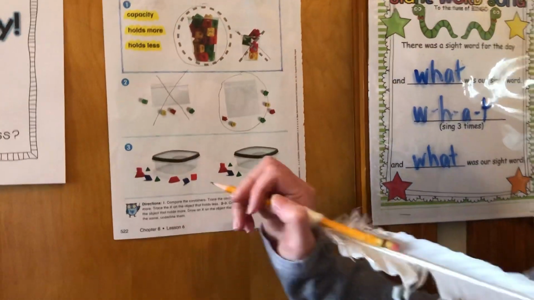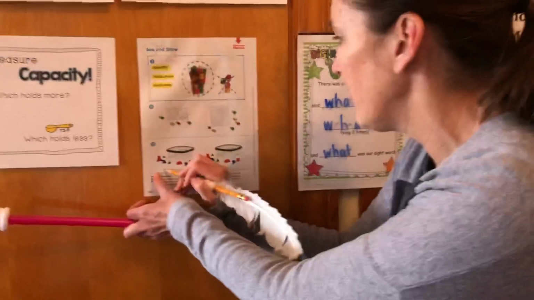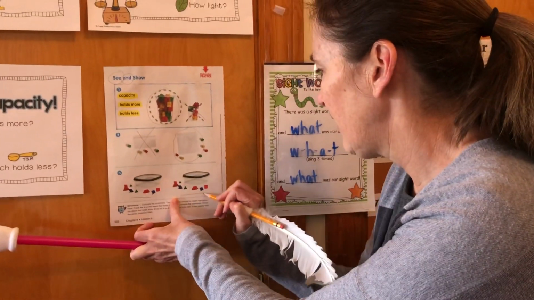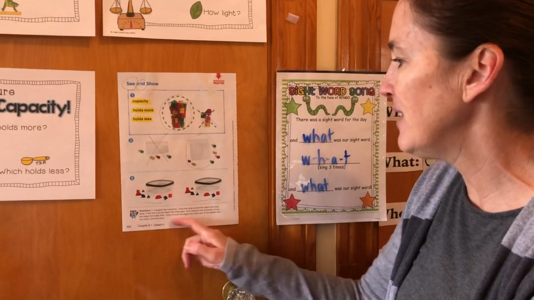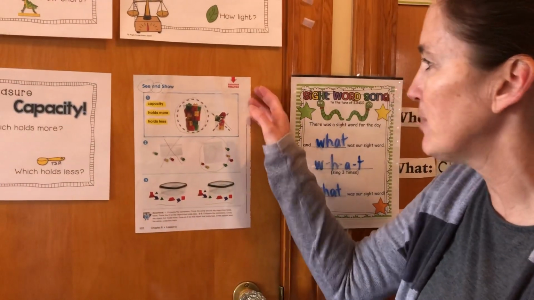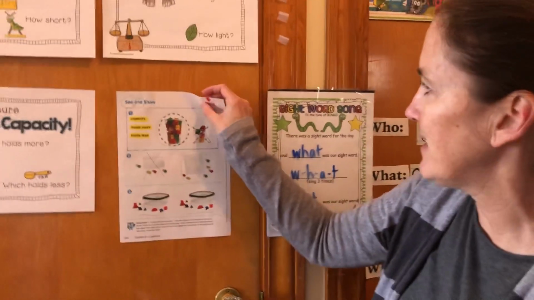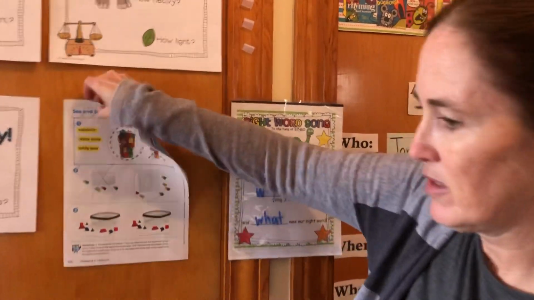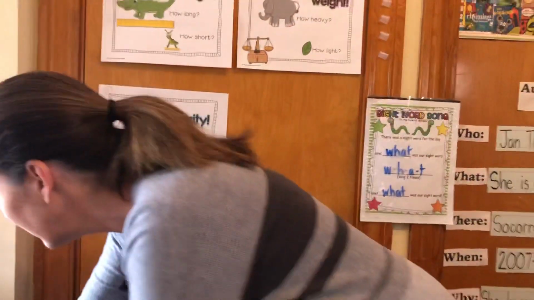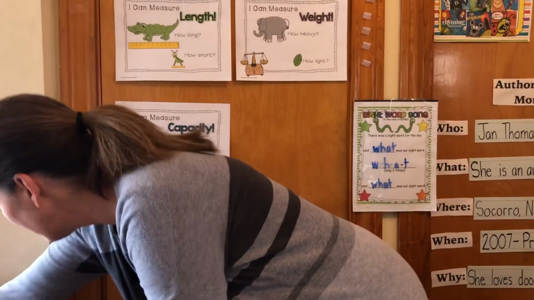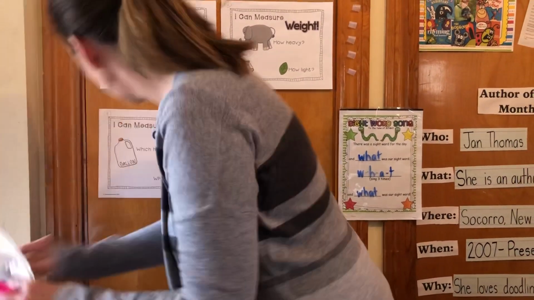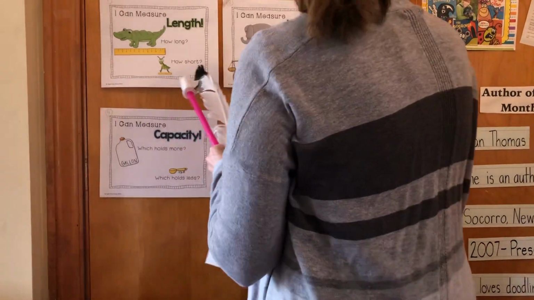Tell a grown-up. Yeah, they're the same, so I'm going to underline them. Awesome. And if you have time, I would look for word wall words, but I'm not going to do that right now because I'm going to go to my second page. Hold on one second. I'm going to do the on my own portion with you.